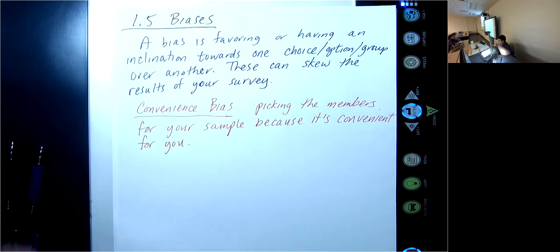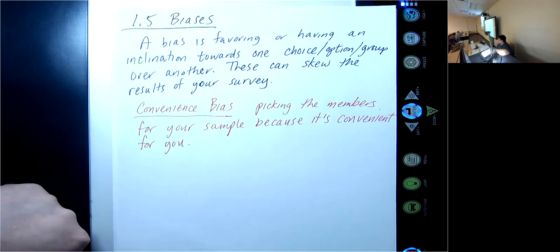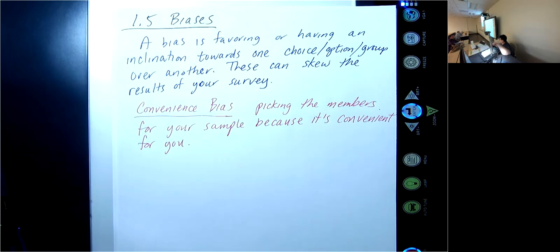Even if you hit people all up and down the hall, you are literally only getting people with your same schedule, which means you're tending to get people that are older, because a lot of 18-year-olds get lucky and they're still living with parents. There's a lot of day students that are 18 to 20.